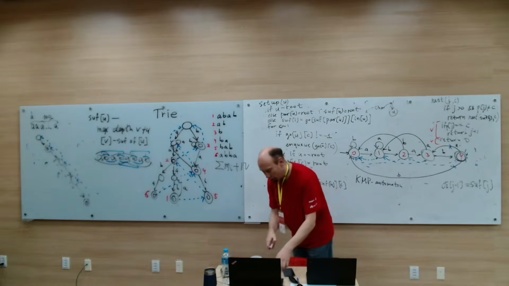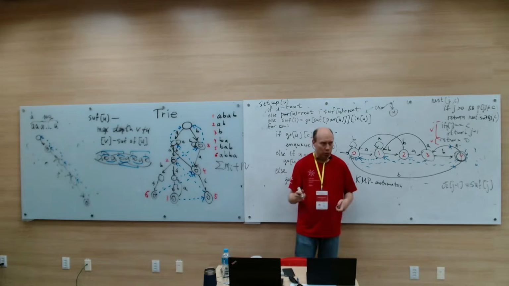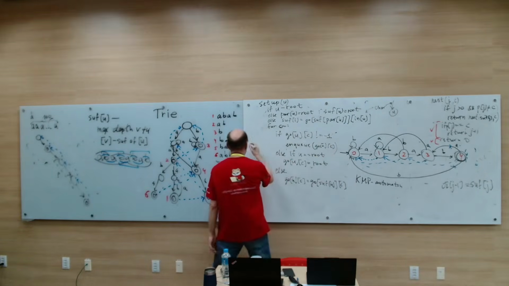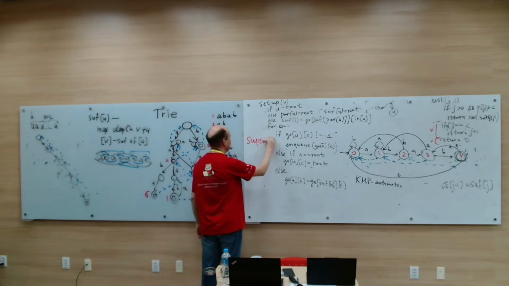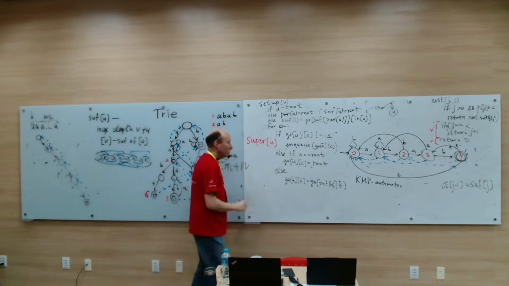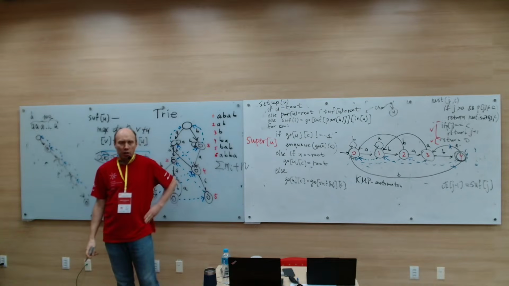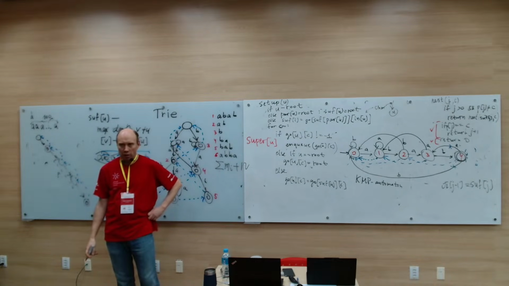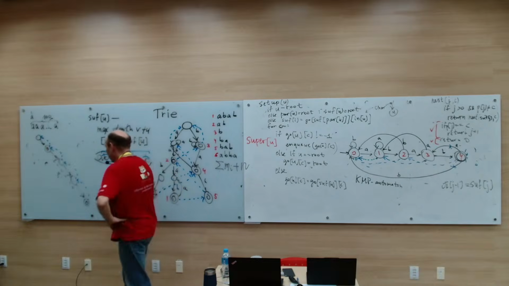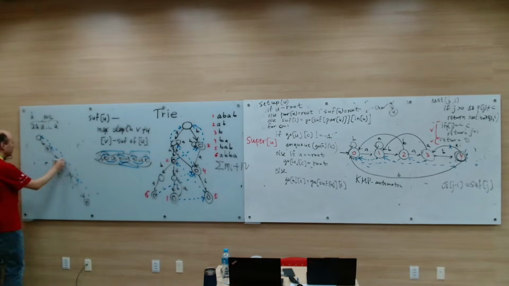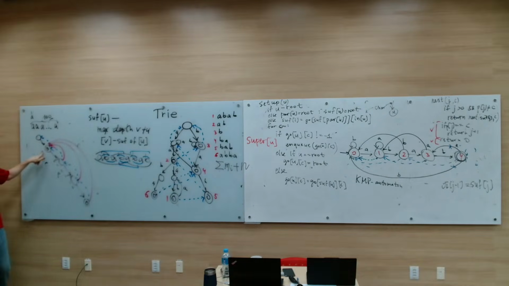What would help us, and this is the final hero for today's lecture, is super suffix links. Our superhero. The super suffix link is the closest terminal vertex along suffix links. So for our super suffix links, this holds for all vertices that lead to this one.